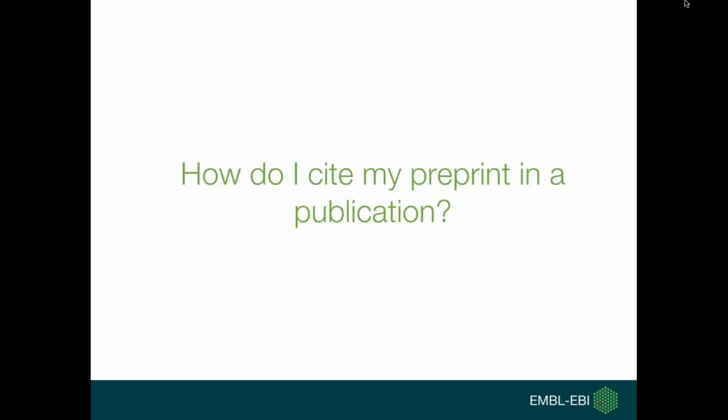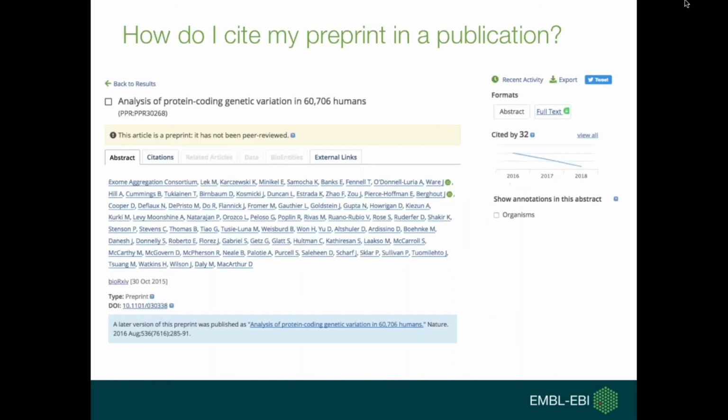Finally, a question of citing preprints often comes up, and can you cite preprints in your publications? Absolutely, and many people do. And here is how you can get a citation easily. So in Europe PMC, when you're on an abstract page of a preprint that you would like to cite, you just need to look at the citations information if you want to see how it appears in other publications.